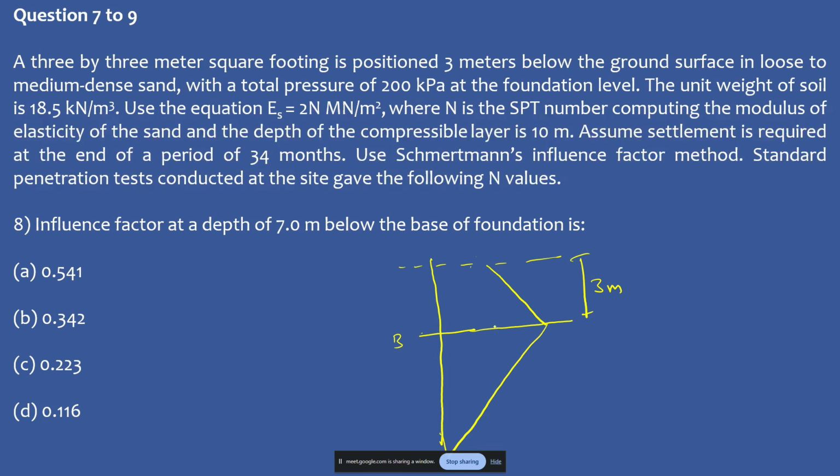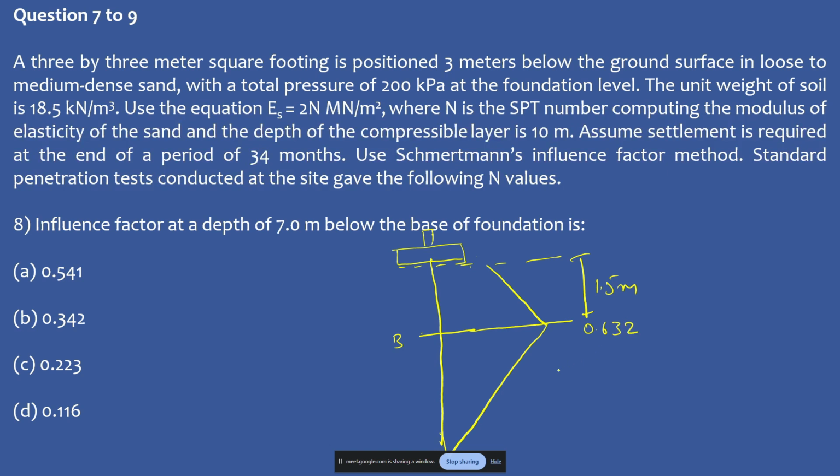Yes, sir. Okay, so let's assume that here is the base of the foundation and here you are saying it will be 1.5 meter. Yes, sir. That we have already done. 1.5 meter is 0.632.